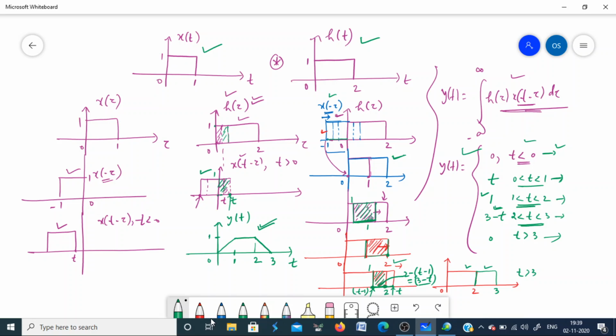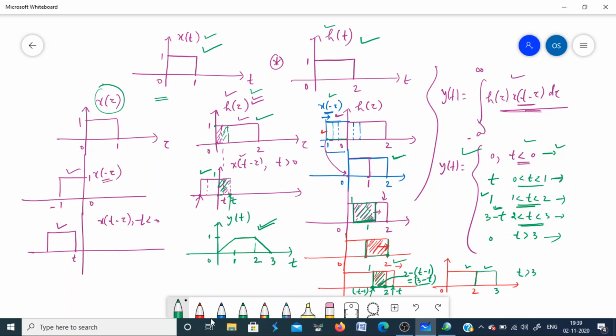I hope you understand this, and you need more practice on this, because this convolution integral is somehow more complicated as compared to the convolution sum for the discrete case. So I will just repeat this again. You have x(tau) and h(tau), and you have plotted them. I am keeping h(tau) fixed.